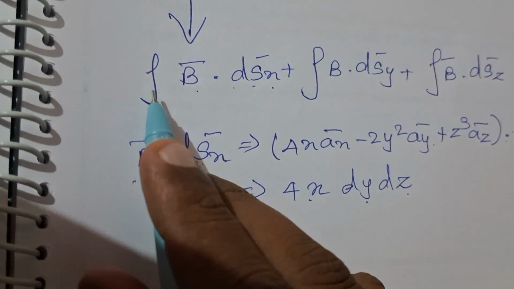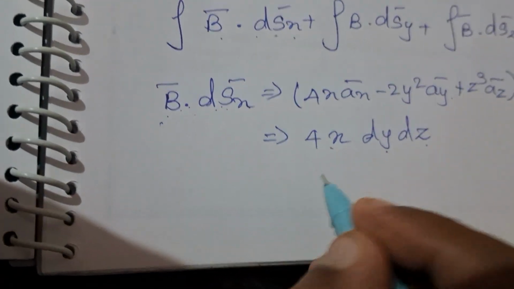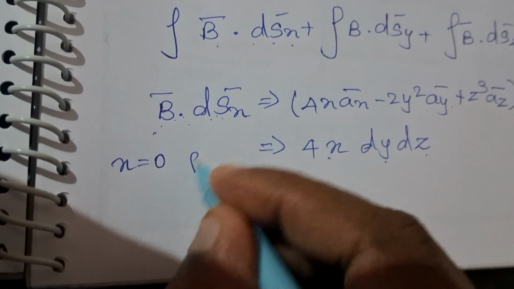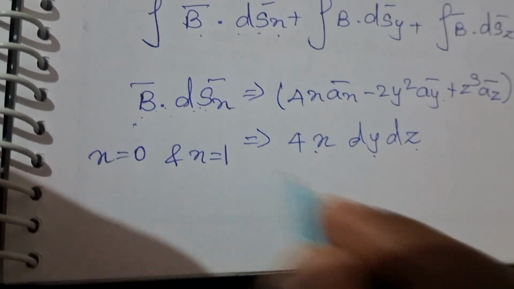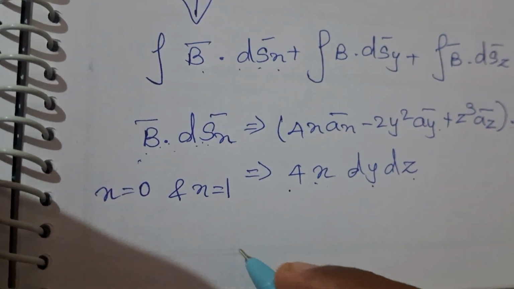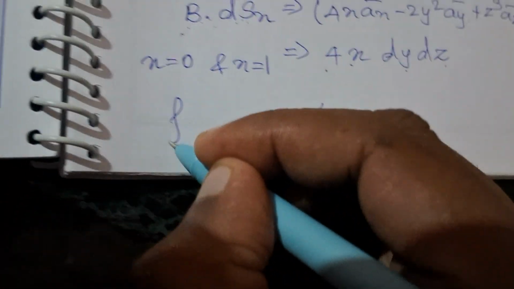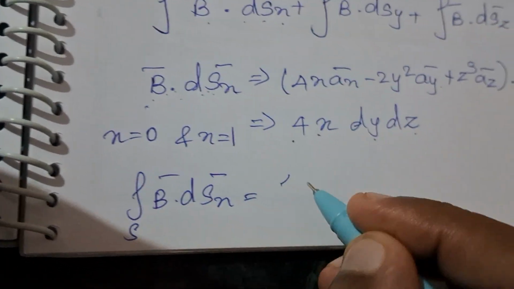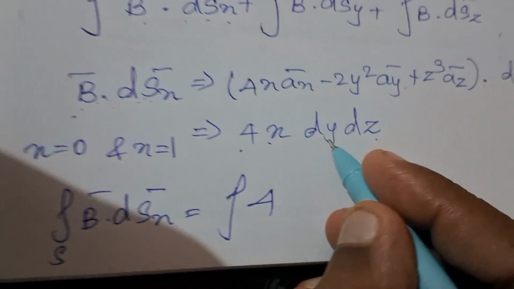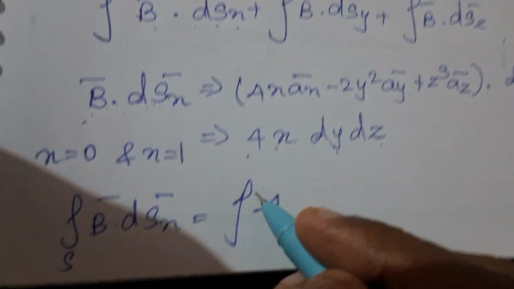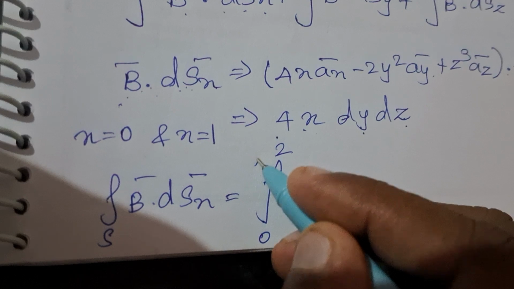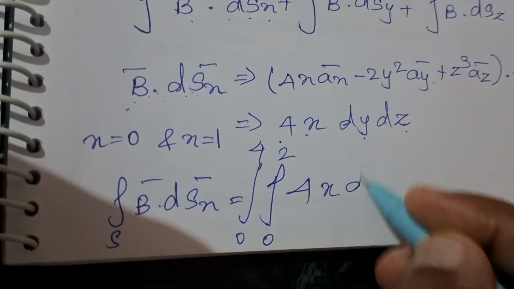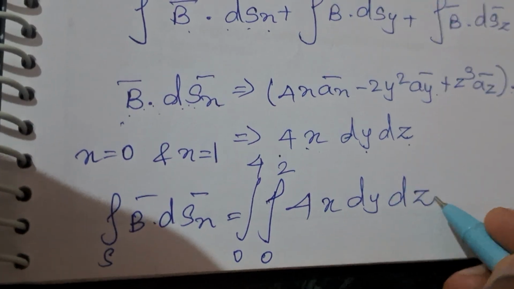So substitute in this, we have two values, x equal to 0 and x equal to 1. Surface integral of B dot dSx is equal to the integral, here the integral is dy dz, y value is 0 to 2, z value is 0 to 4. So 4x dy dz.